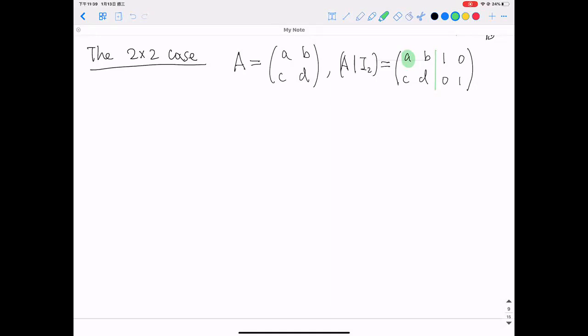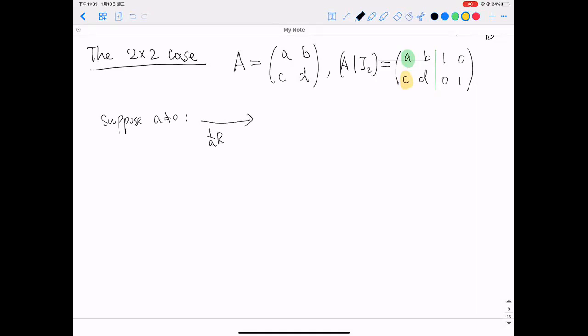Let's pretend it is not 0, and then we can make it 1, and then use it to get rid of the second entry C here. So suppose A isn't 0, then the following operations can be carried out.